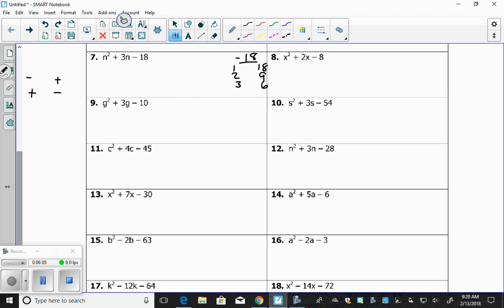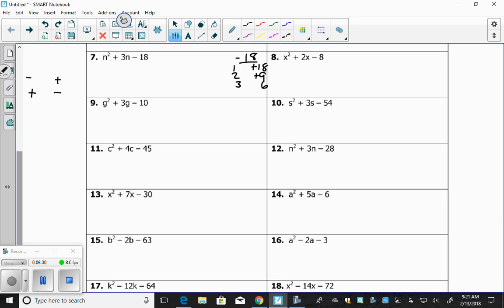Okay? When we add them together, I have to get a what? A positive 3. Okay? If it has to be a positive 3, then which number is going to be positive? The big one or the small one? The bigger one, okay?